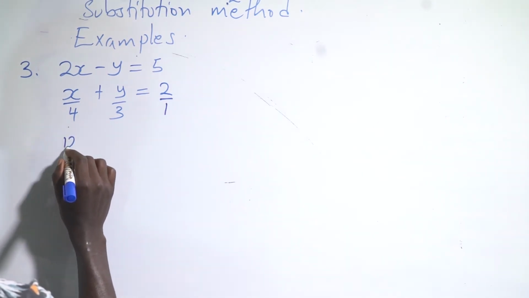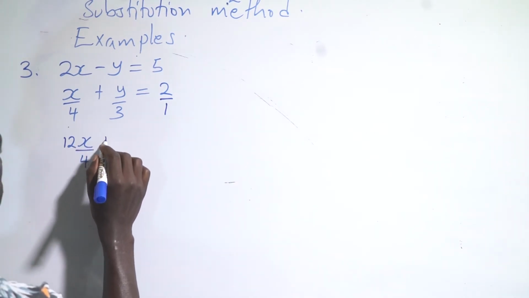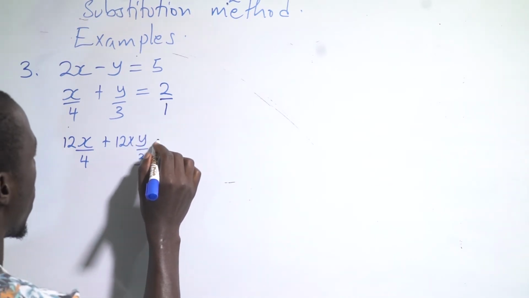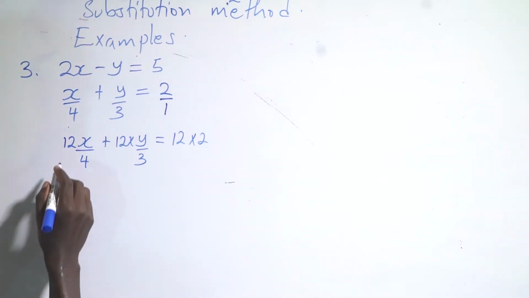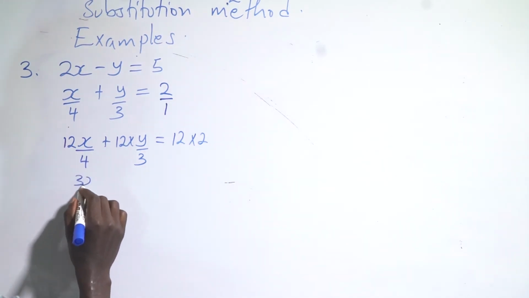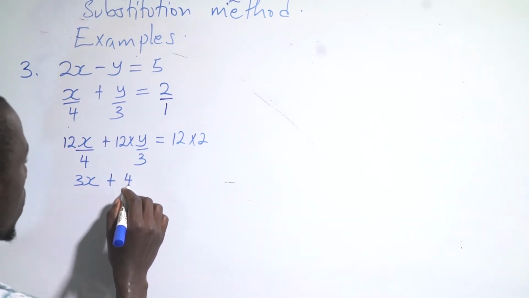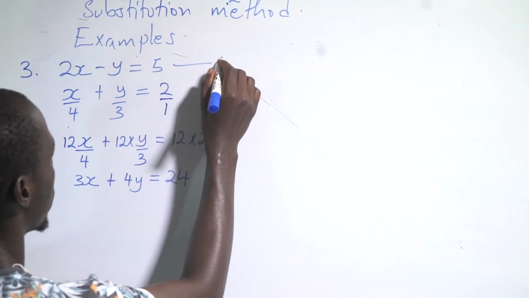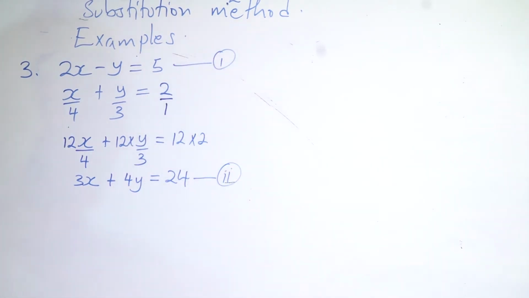So when I get the 12 and I multiply it throughout, so this one here is going to be 3x, then plus the 4y is equivalent to 24. That is equation 1, and then equation 2.